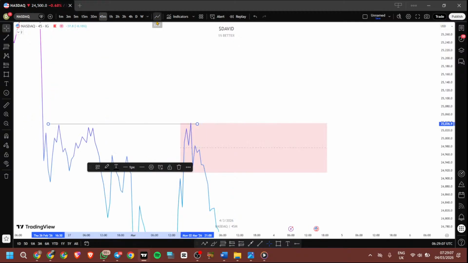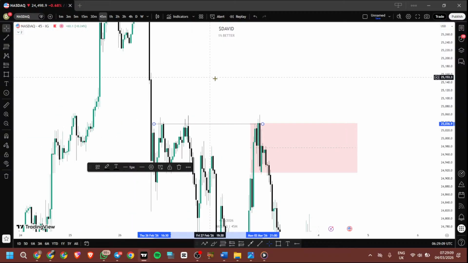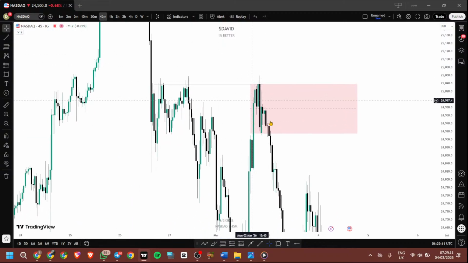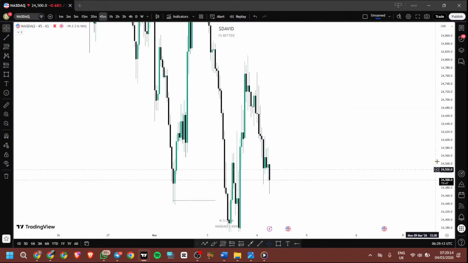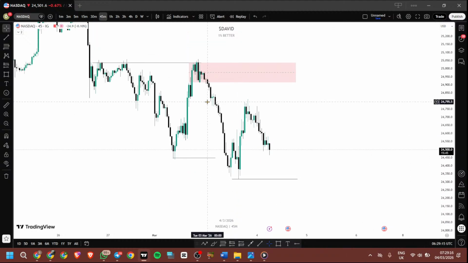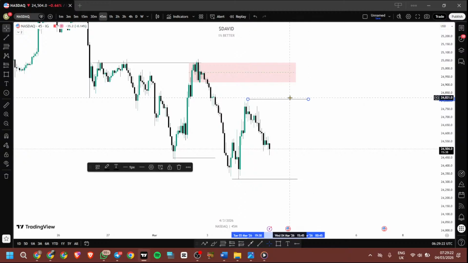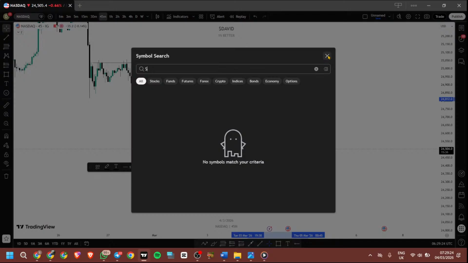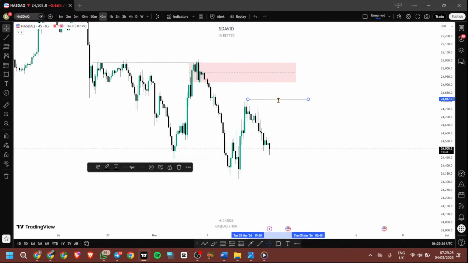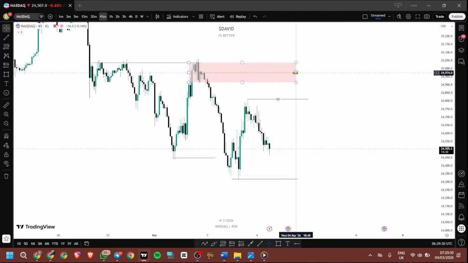Yeah. So let's go back to the candle. Most recent liquidity. Point of interest.